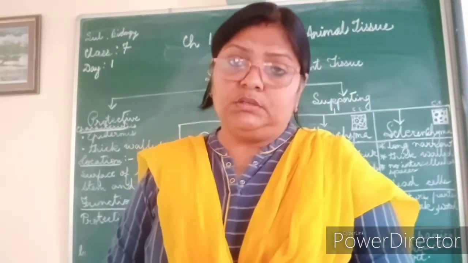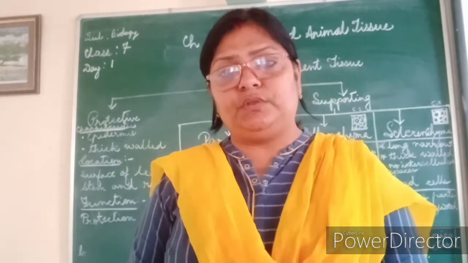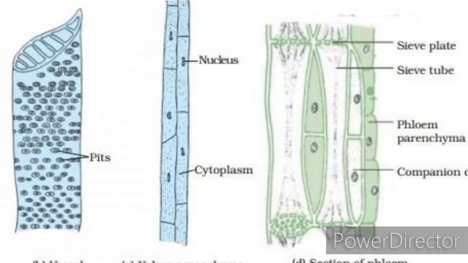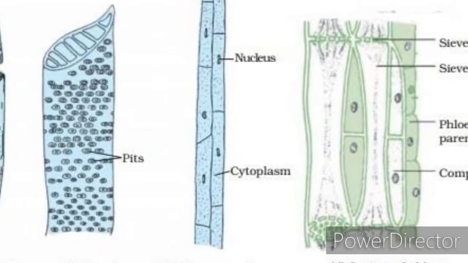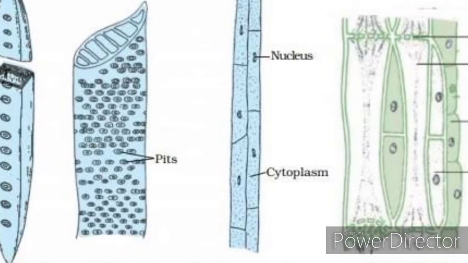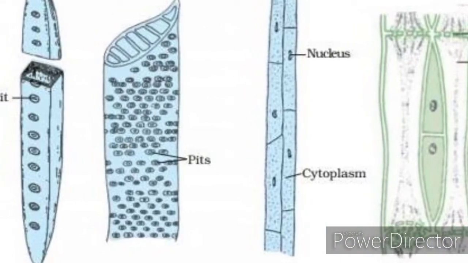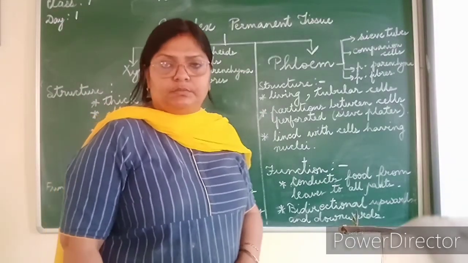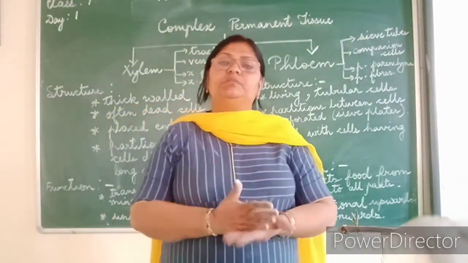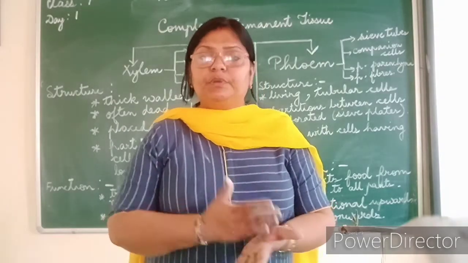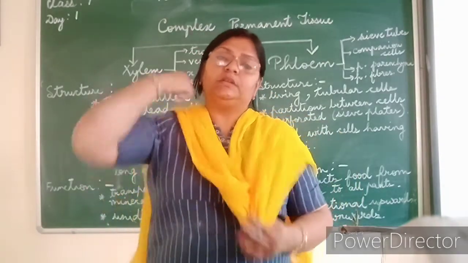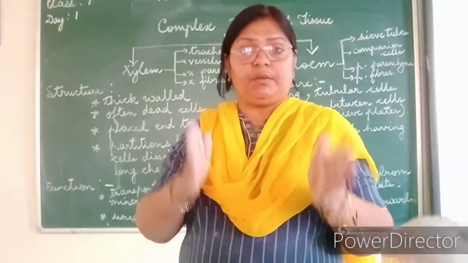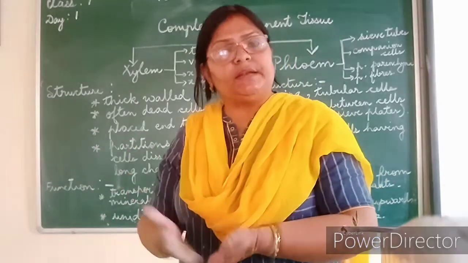Now we move on to the next type of permanent tissue, that is complex permanent tissue. The difference between simple permanent tissue and complex permanent tissue is that simple permanent tissue is made up of one type of cells, as you saw in parenchyma, collenchyma and sclerenchyma.